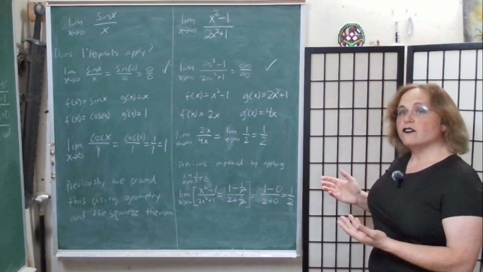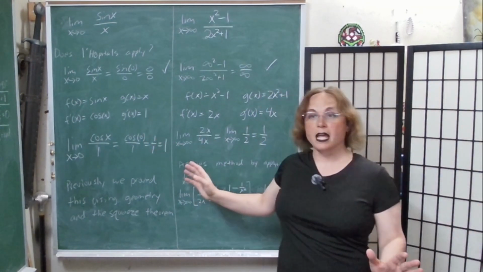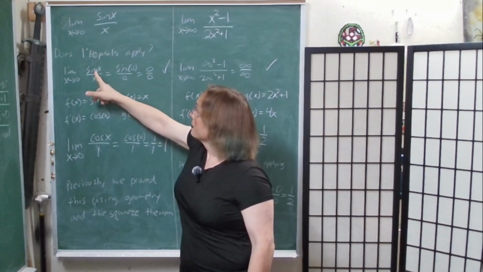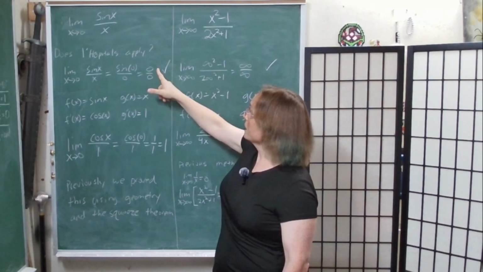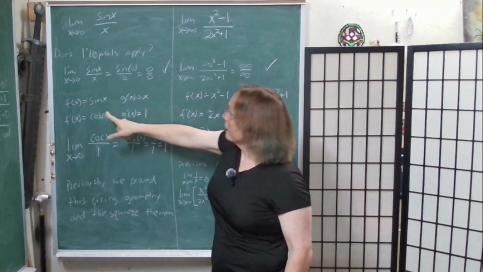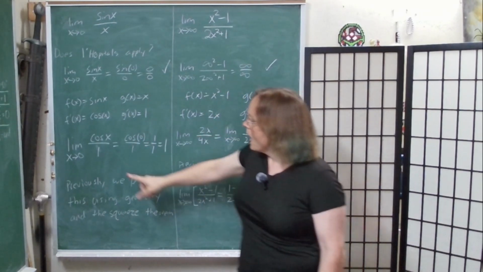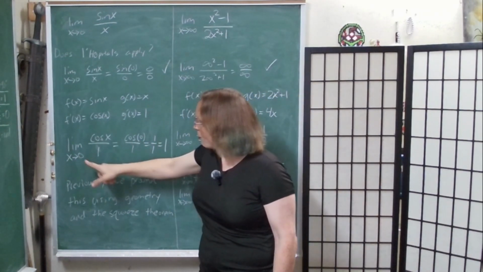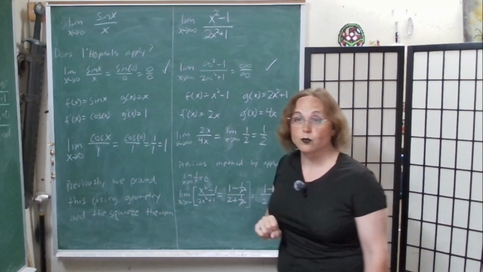However, both of these qualify for L'Hopital's rule because if we simply take the limit, you'll notice that sine x is 0 and x is 0, so we get 0 over 0. Applying L'Hopital's rule, we take the derivative of sine x, which is cosine x, and the derivative of x, which is 1. Then when we take the limit as x approaches 0 of cosine x over 1, we get 1 over 1, which is 1.